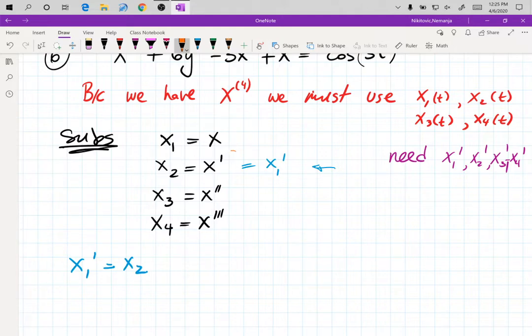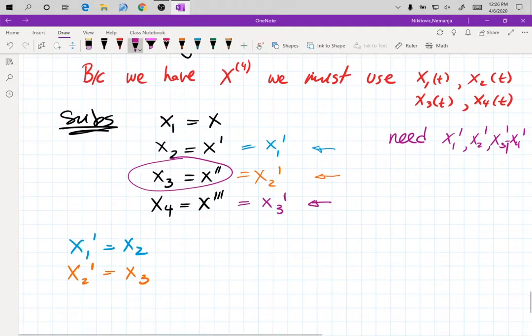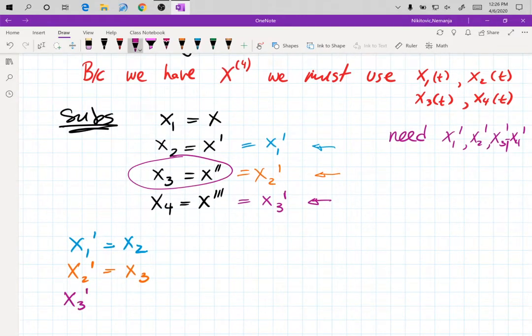I hope you see that if you differentiate here, you will get that x double prime is x2 prime. So from the orange equation, I found out that x2 prime is equal to x3. Then I'm going to go to the purple. What is the triple prime? Well, I differentiate this one. You always differentiate one above. Triple prime is x3 prime. So from the purple equation, I learned that x3 prime is x4.